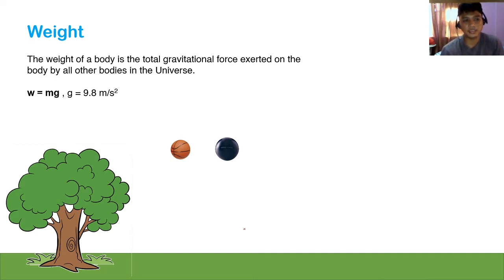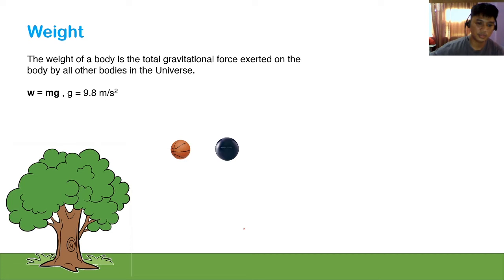And what makes this definition clever is you can still use that definition even if you go somewhere else, like the moon perhaps. If you fly a spaceship and go to the moon, then your weight is still the total gravitational force by all other bodies.